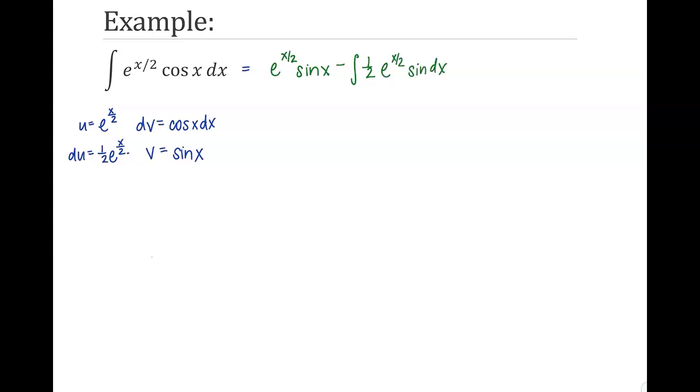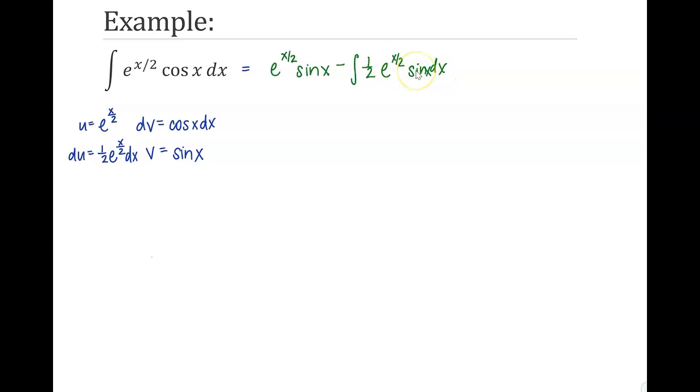Over here I realized I forgot the dx for the du part. Okay, so here's where we're at. We have e to the x over 2 times sine x minus the integral of 1/2 e to the x over 2 sine x dx.